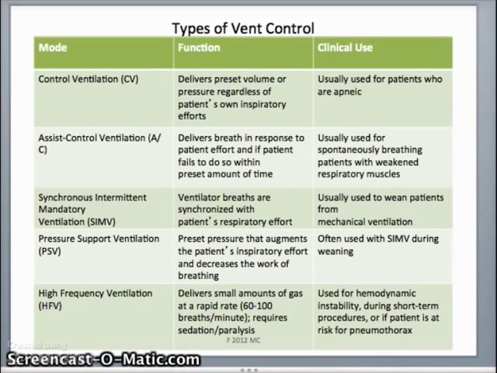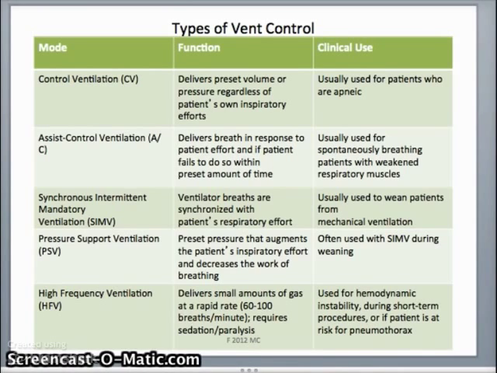In other words, the patient begins to drop their blood pressure and lose cardiac output. So sometimes, for short periods of time, patients will be delivered high frequency ventilation if they are at risk to become hemodynamically unstable, or if they're at risk for pneumothorax, because we're going to talk about the complications in a little bit.